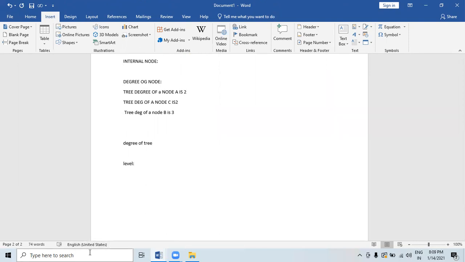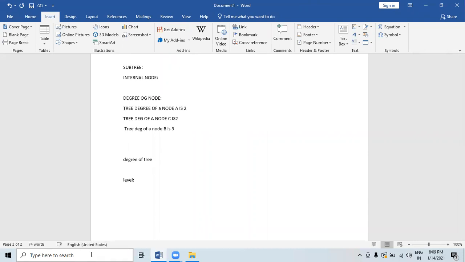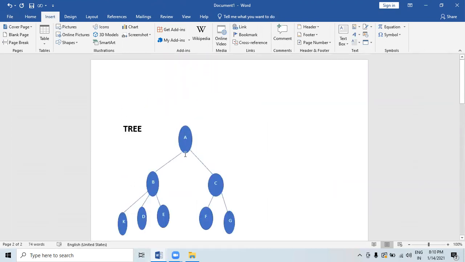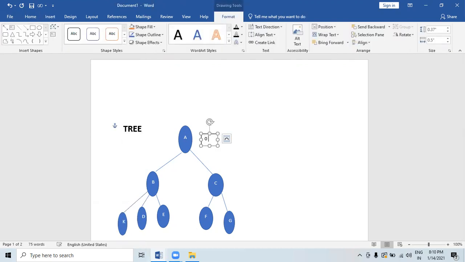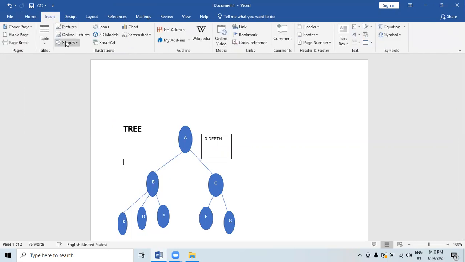So let's see one example. Depth: starting from the root, A is at level 0, right? So A has depth 0. Next is depth 1.